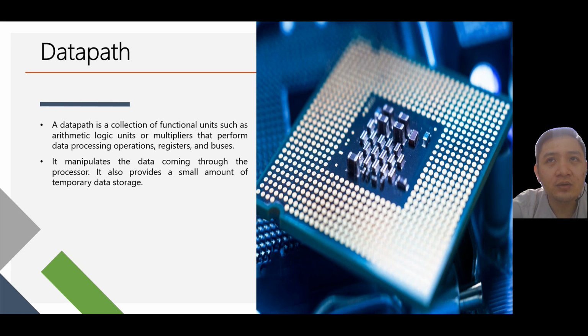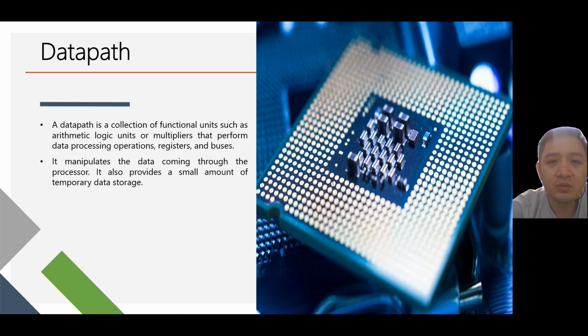That's why we call the system unit the CPU, because inside the system unit is the CPU, and the CPU has two parts. We have the ALU and the CU. ALU stands for arithmetic logic unit, which manages how input and output are being processed. And lastly is the CU, or the control unit.